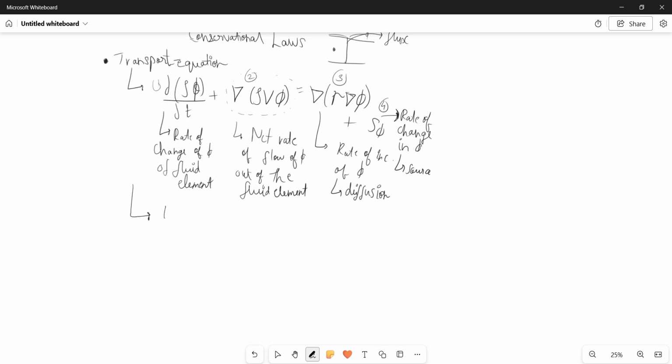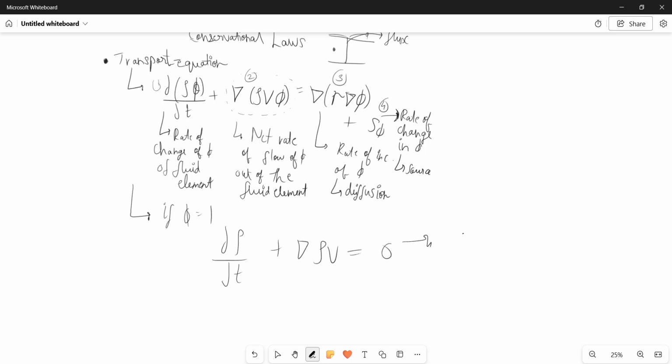So if your φ equals 1, just imagine you put φ equals 1, you get ∂ρ/∂t plus, here instead of φ you put 1, so you get del ρv is equal to, you put 1, so del of Γ del of 1 will become 0, and we are just ignoring the source term because it's a constant, so you won't have any change. So this will be equal to 0.